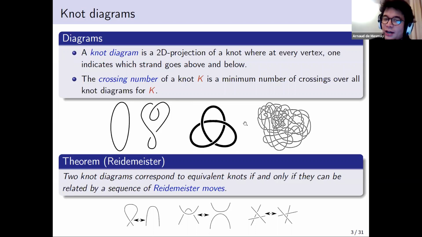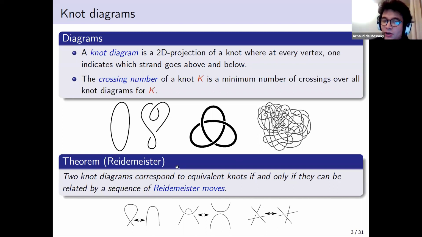But once again, I have not proved it to you because proving that already entails proving that the trefoil knot is not equivalent to the trivial knot. So as before, there are some subtleties to these definitions. And one thing that is very convenient about knot diagrams is that one can think about them, one can figure out equivalence of knots in a very combinatorial way compared to the definition that was on the previous slide, which is moving things around in 3D.